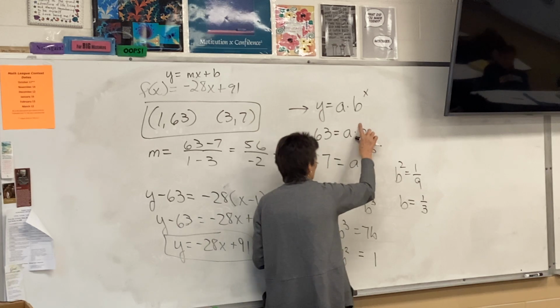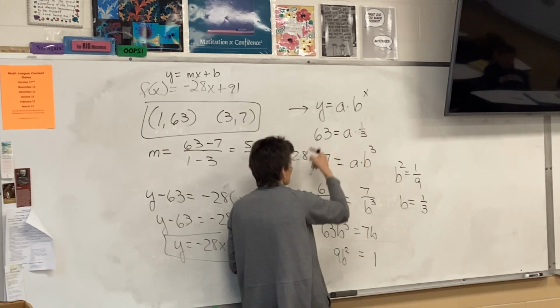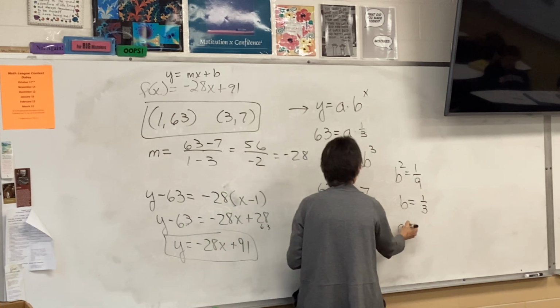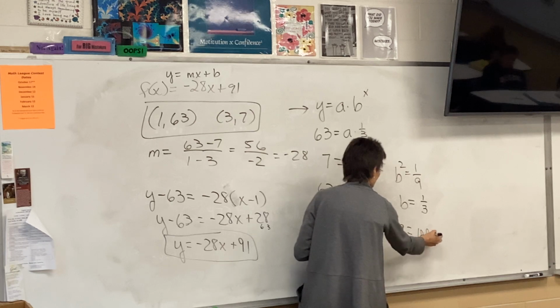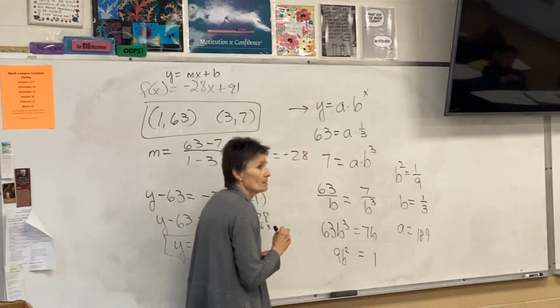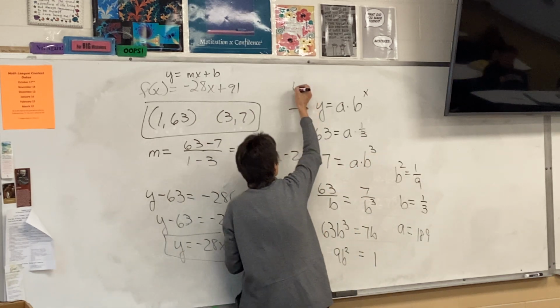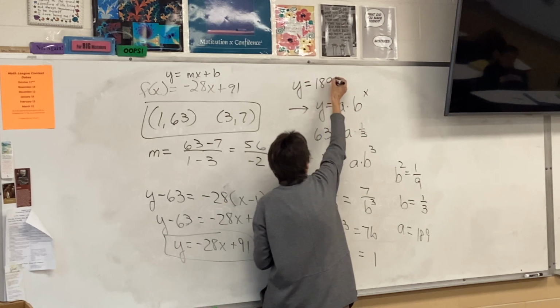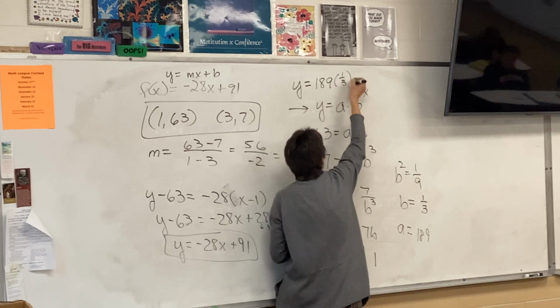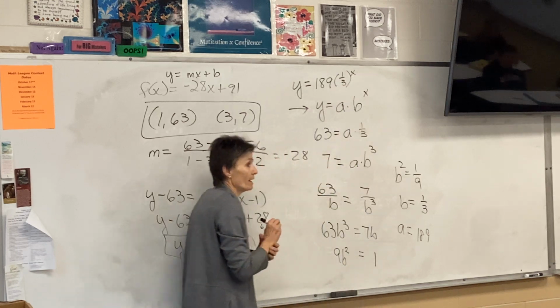So I'll just put 1/3 right here. Times by 3, so it looks like a is 189. So what's my equation? Y equals 189 times 1/3 to the x.